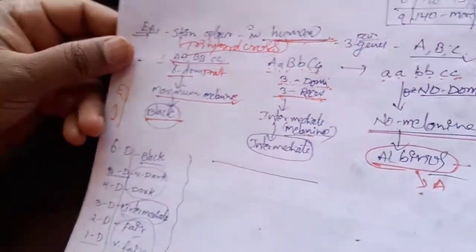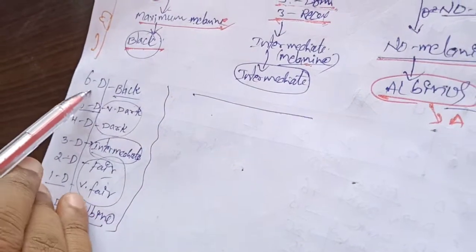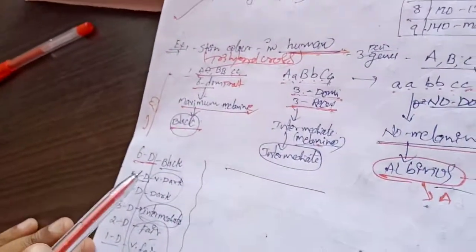And the next one, see here. Suppose the person has a combination of 6 dominant genes, then they produce black color.